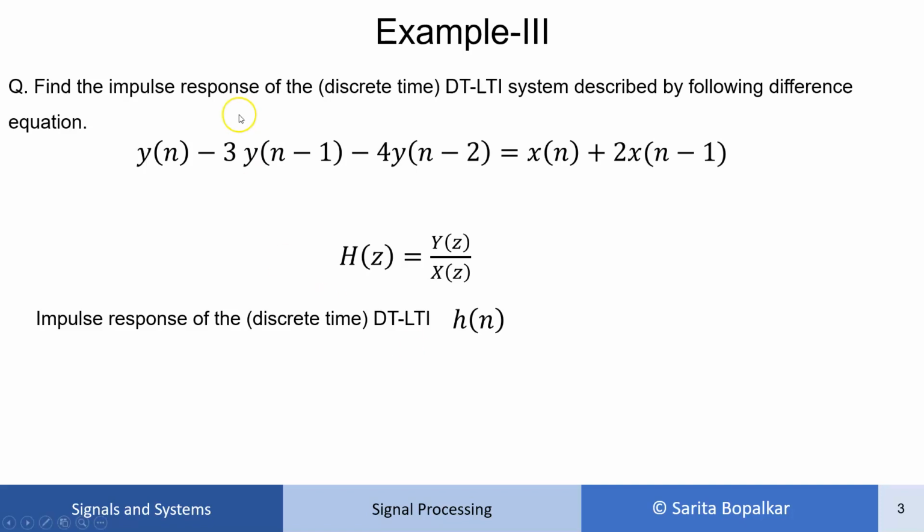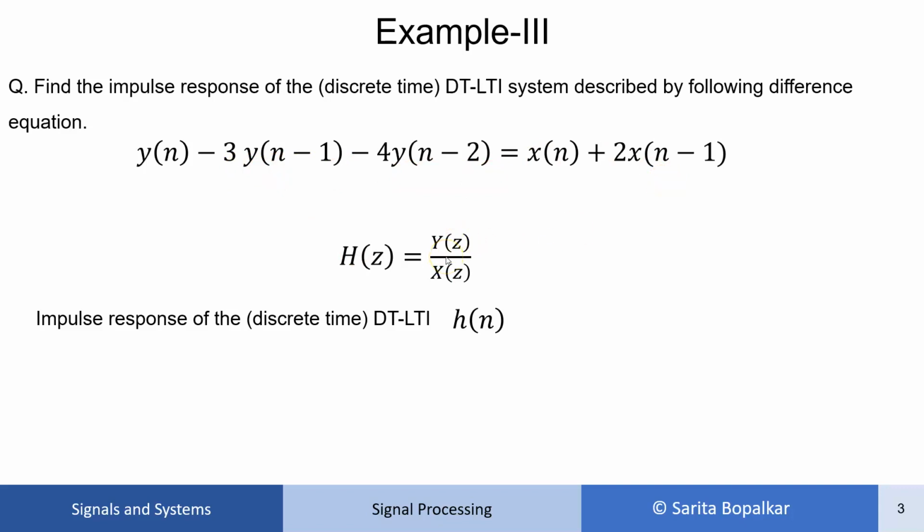The same question can be asked like this: find the transfer function of a discrete time LTI system described by the following difference equation and plot the pole zero plot. The transfer function is nothing but H of z, which is equal to Y of z upon X of z. This ratio Y of z upon X of z we can get by taking the Z transform of the difference equation.